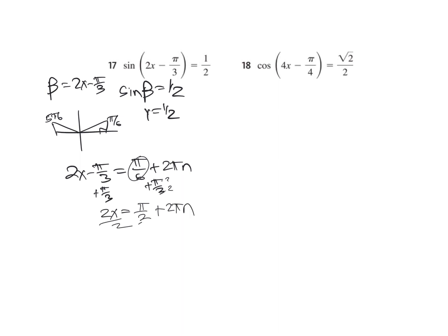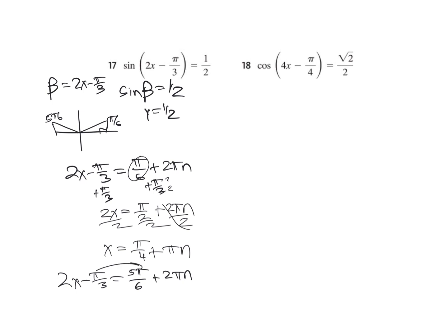And now we have to divide everything by 2, which is really multiplying by 1/2. So that's pi over 4 plus, in this case, pi n. And then we have to do the other one, 5 pi over 6. So 2x minus pi over 3 equals 5 pi over 6 plus 2 pi n. So we add pi over 3, which is really adding 2 pi over 6.